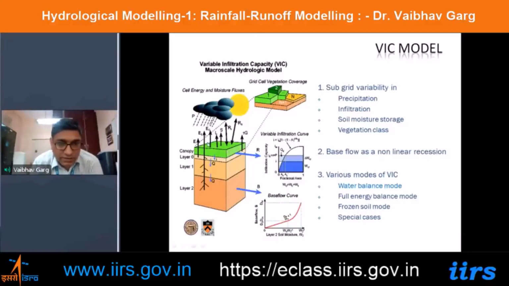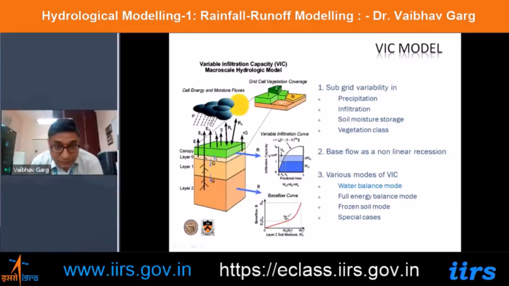Within this grid, the model will estimate the evaporation, evaporation from the canopy, long-wave radiation, short-wave radiation, and then if you know the precipitation, it considers the different vegetation layers and different soil layers. So these are the 3 different soil layers. So it calculates the runoff and the base flow.